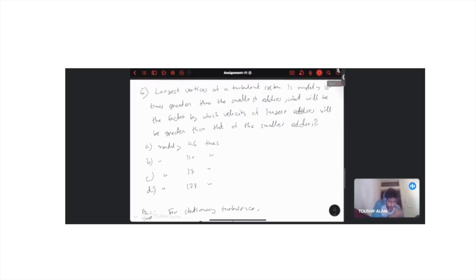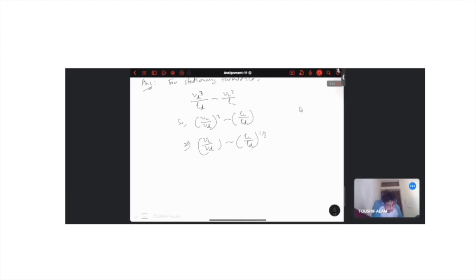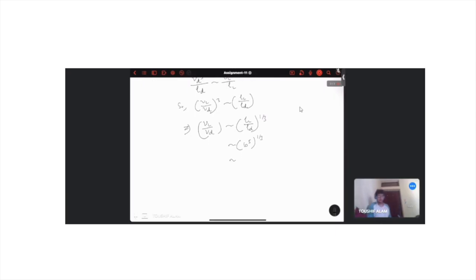It is given that it is 10 to the power 5. So 10 to the power 5 times 1/3, that is 10 to the power 3 to the power 1/3, 100 to the power 1/3.